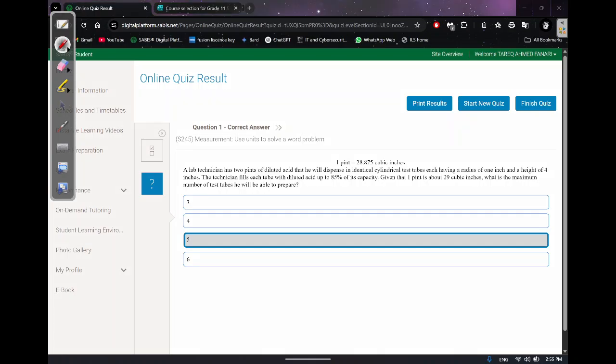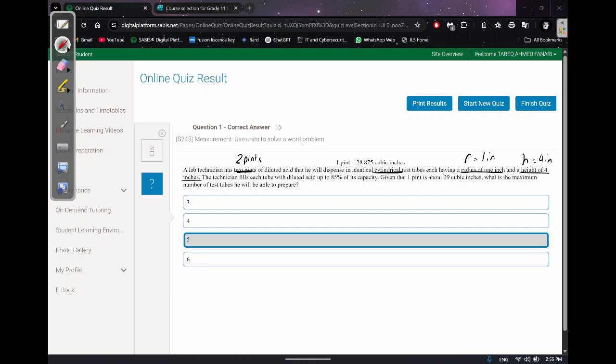He will dispense in identical cylindrical test tubes, so it's a cylinder. Each has a radius of 1 inch, so R equals 1 inch, and a height of 4 inches, so H equals 4 inches.